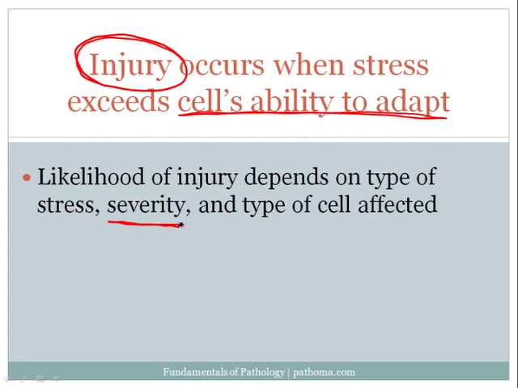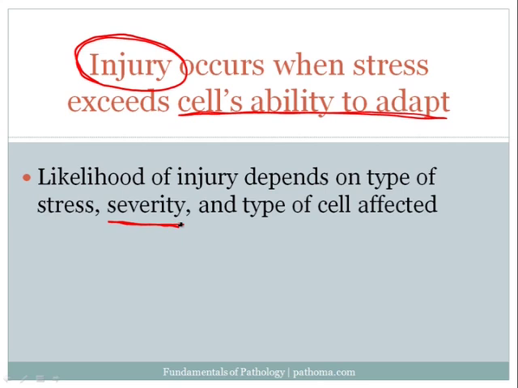And so here we see the same theme: we cut the blood supply in the renal artery, but a slow, progressive cutting of the blood supply would result in atrophy of the kidney, whereas a rapid, complete cutting off of the blood supply would result in infarction and injury of the cells. So that would be an example of the severity determining what happens in response to a stress.